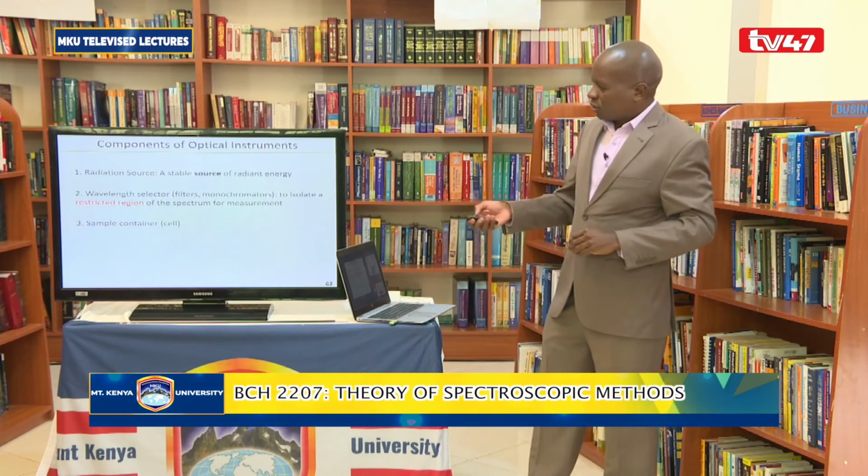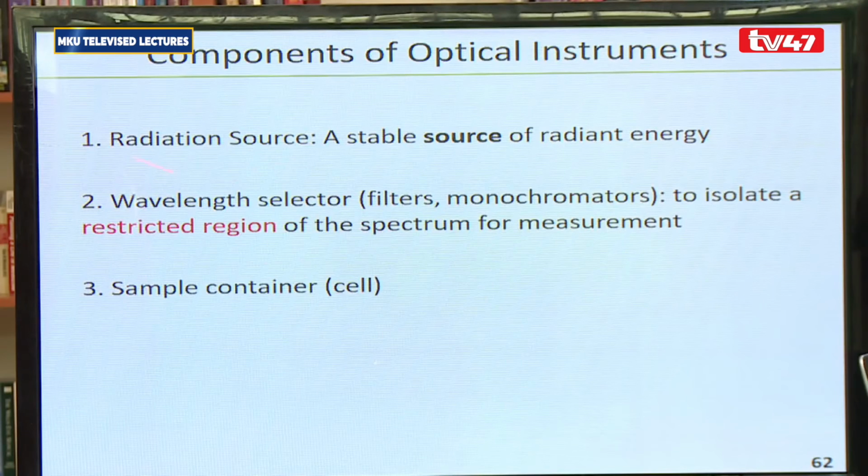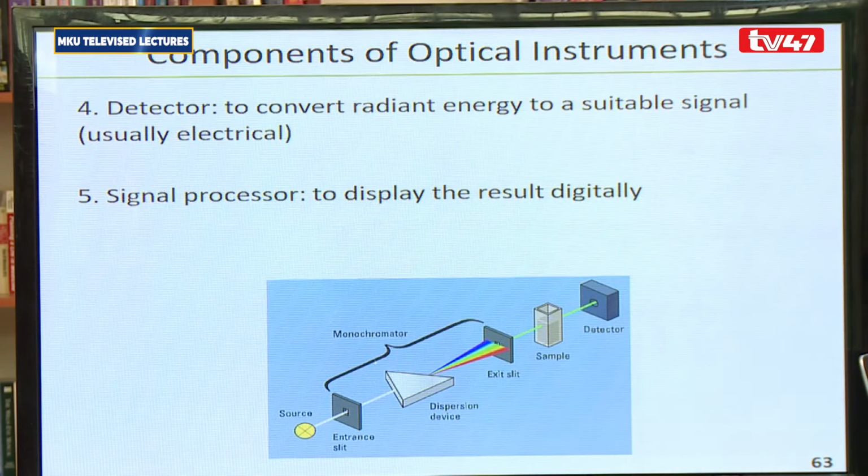And so what the monochromator does, or the wavelength selector, which can be a filter or a monochromator, it is going to isolate a restricted region of what is coming from the radiation source. And then that restricted, isolated region is what is going to be sent to your sample container, and then you will be able to determine the absorbance from that.